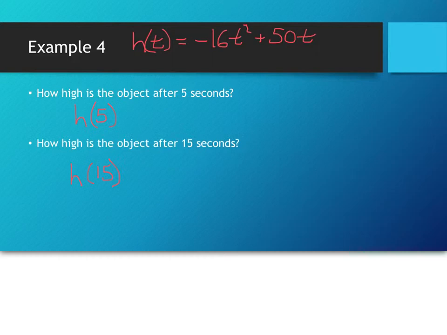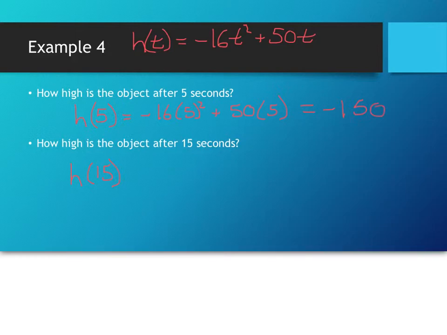All right, now, interestingly enough, if you take these, well, after 5 seconds, plug in negative 16, take 5 squared plus 50 times 5. I didn't actually expect to get this out the way I got it out, but if you look here, you should get negative 150.